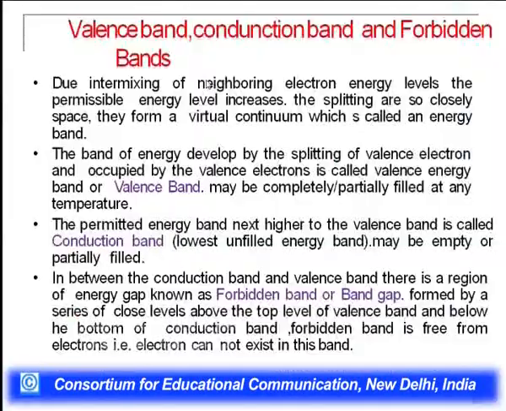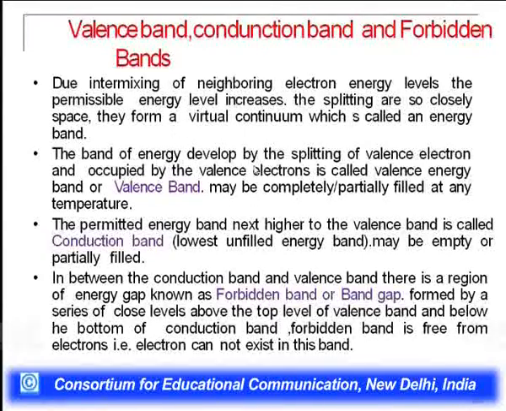On the basis of that, we define the difference between the valence band, conduction band and the forbidden band. Due to intermixing of neighboring electrons' energy levels, the permissible energy levels increase. The splittings are so closely spaced that they form a virtual continuum which is called an energy band.